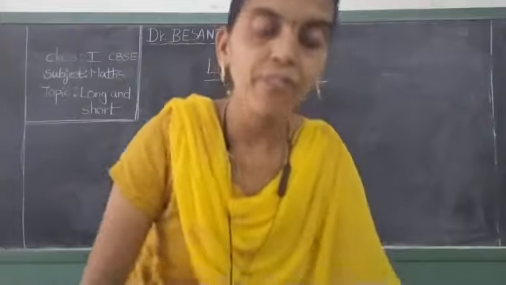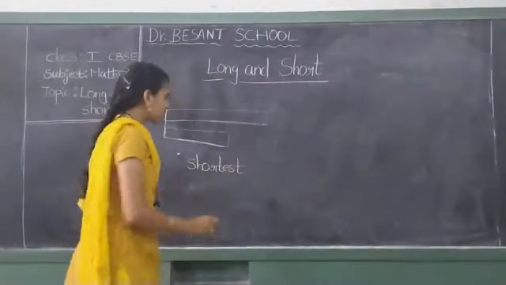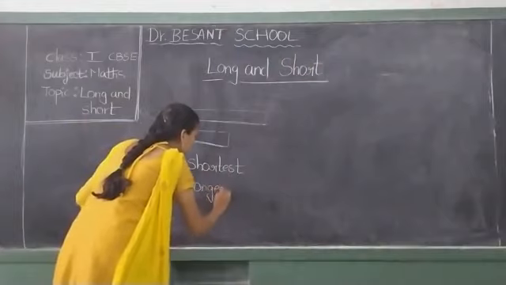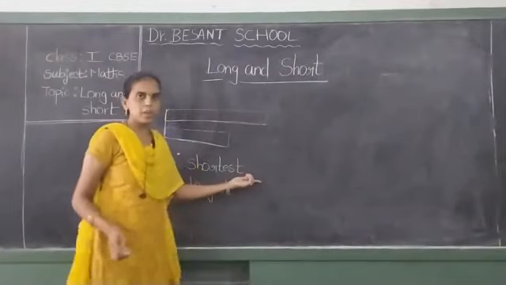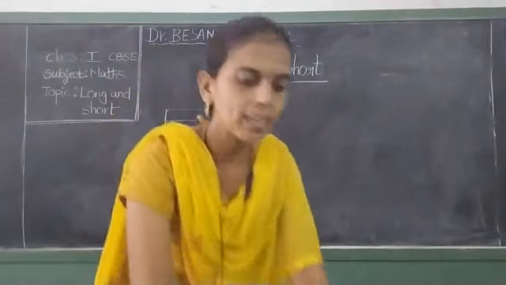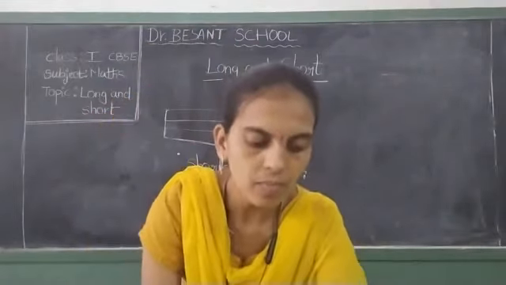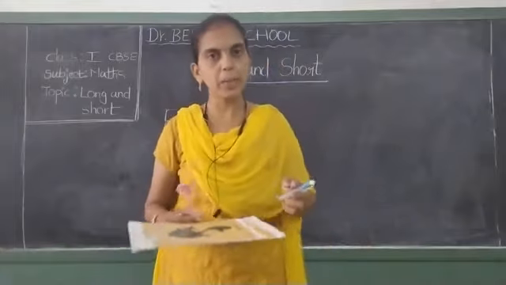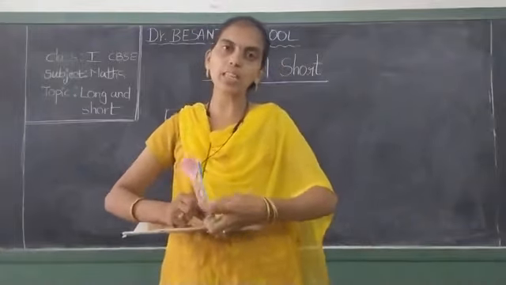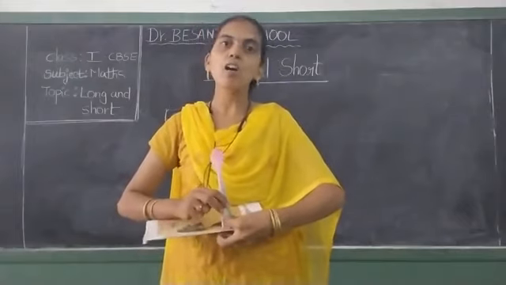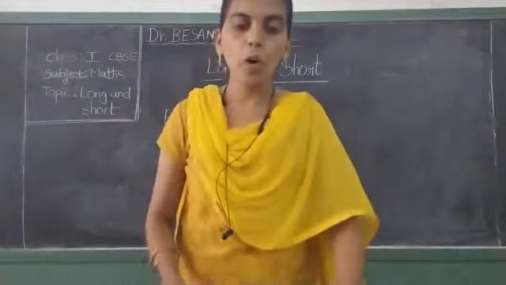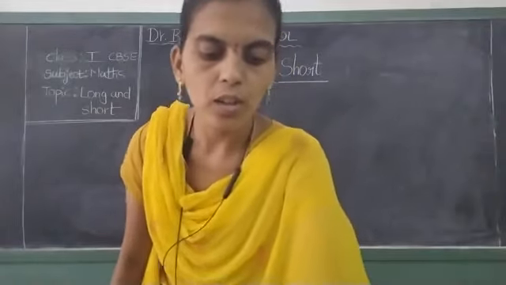Understood, children? Where are we using the words shortest and longest? When we compare three items, on comparing the remaining two, you can understand which one is the longest and which one is the shortest. Okay, children?